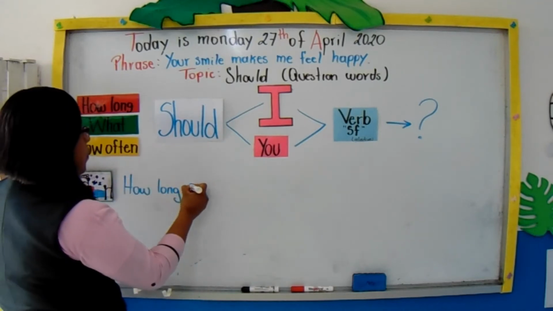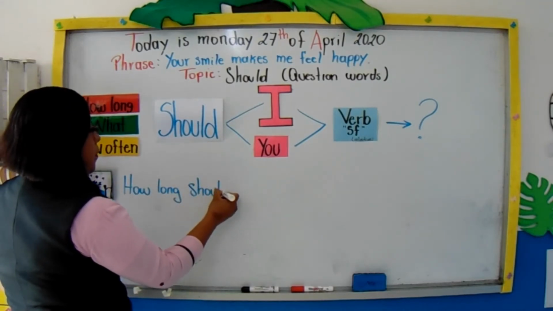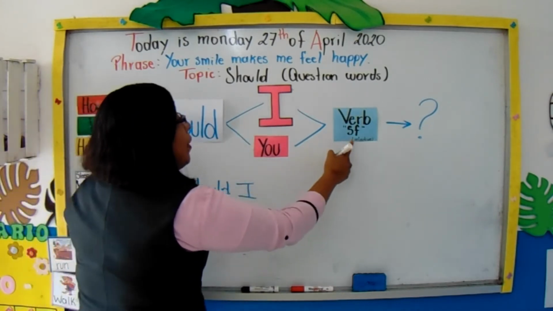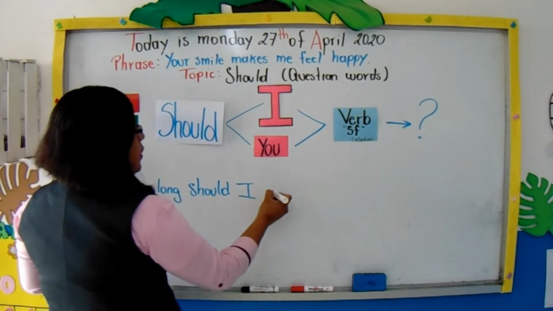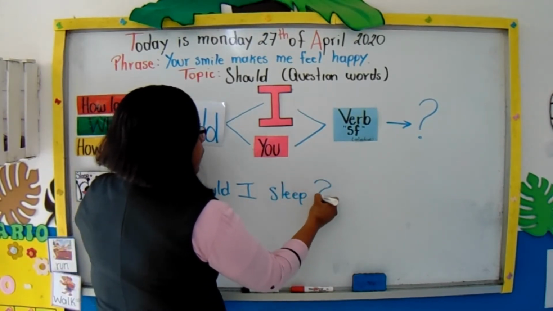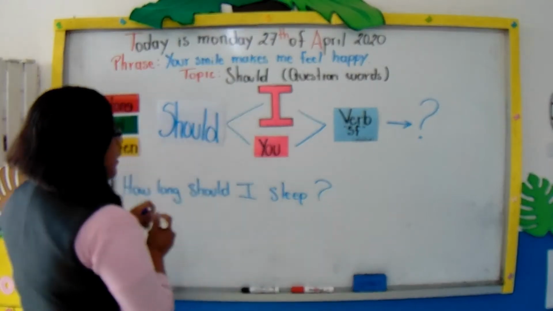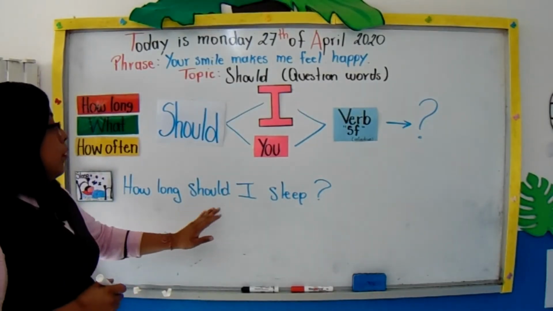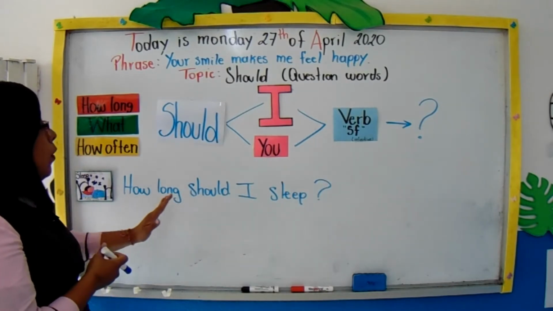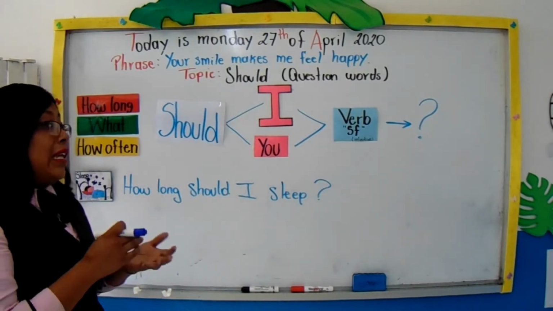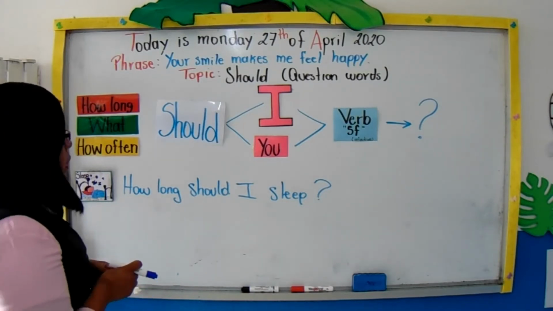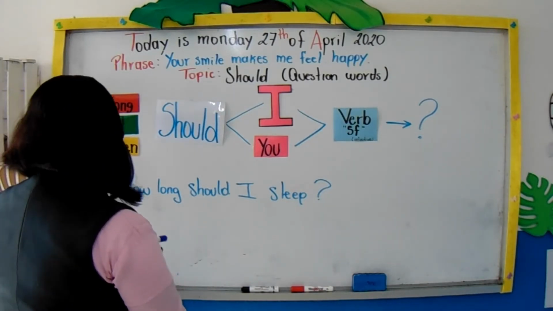So I'm going to use should, subject I, and my verb, we have to use sleep. And we have to use our question. Says like this. How long should I sleep? In Spanish says, ¿por cuánto tiempo yo debería o debo dormir? Right?